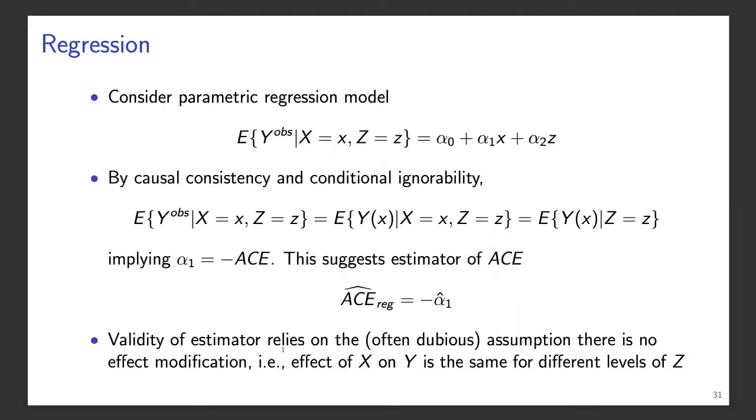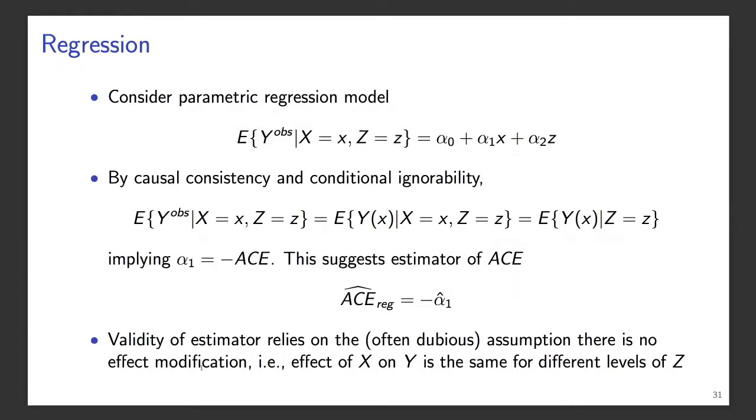The answer is you can, if you're willing to assume that there's no interaction between X, treatment, and your covariate Z. So if you think there's essentially no effect modification, that the effect of the treatment doesn't change according to levels of the covariates.